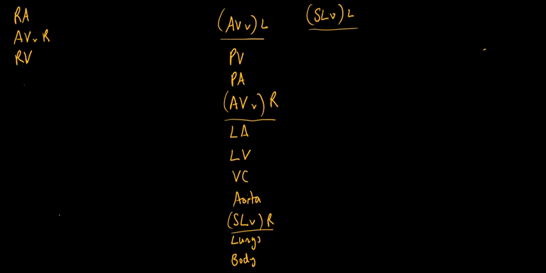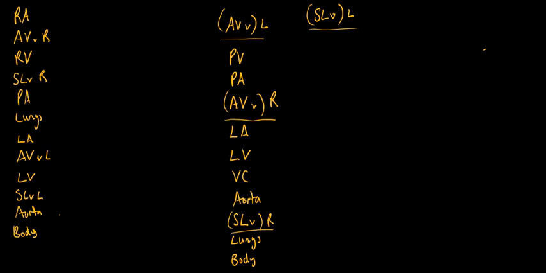But before we do that, we're going to have to go through the semilunar valve on the right-hand side of the heart to the pulmonary artery, which is then going to go to the lungs before returning back to the left atrium, then going through the atrioventricular valves on the left to enter the left ventricle. From the left ventricle, going through the semilunar valves on the left to the aorta, which will then pump blood to the body before returning via the vena cava.